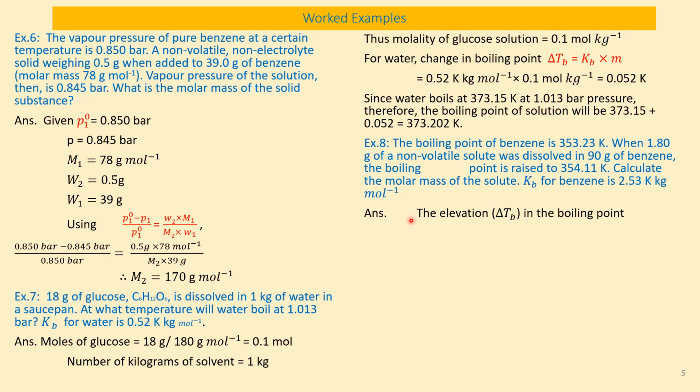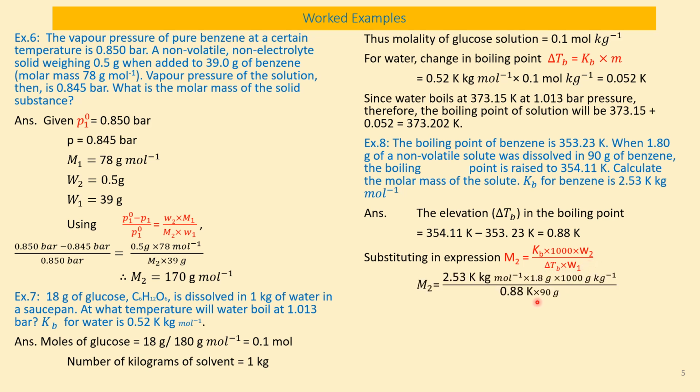The boiling point elevation is given by 354.11 minus 353.23, that is equal to 0.88 Kelvin. Substituting the value of delta Tb in the equation, M2 is equal to Kb into 1000 into W2 divided by delta Tb into W1.